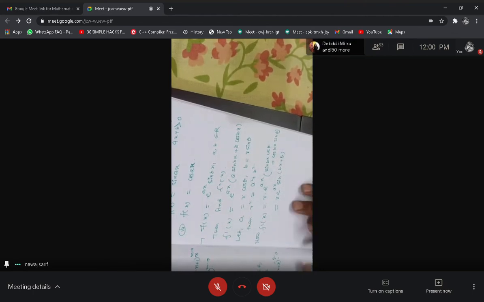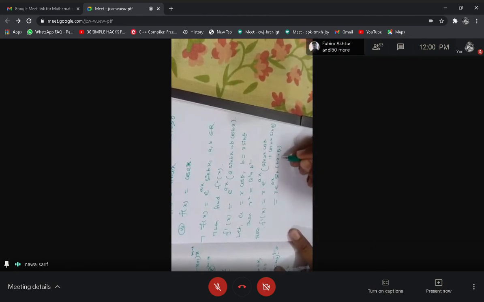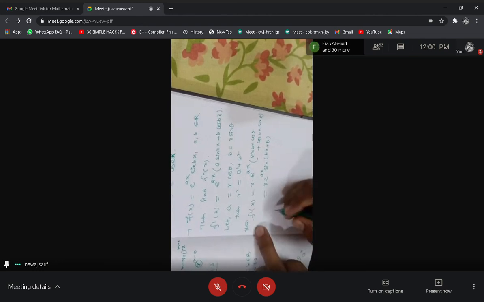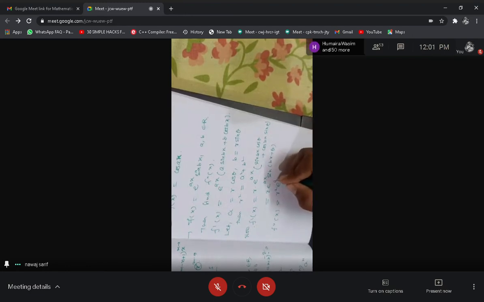See a pattern. f dash is r e to the power ax sin(bx plus theta). Then what will be f double dash x? When you take this derivative, this will be r square e to the power ax sin(bx plus 2 theta). And what is the nth order derivative?